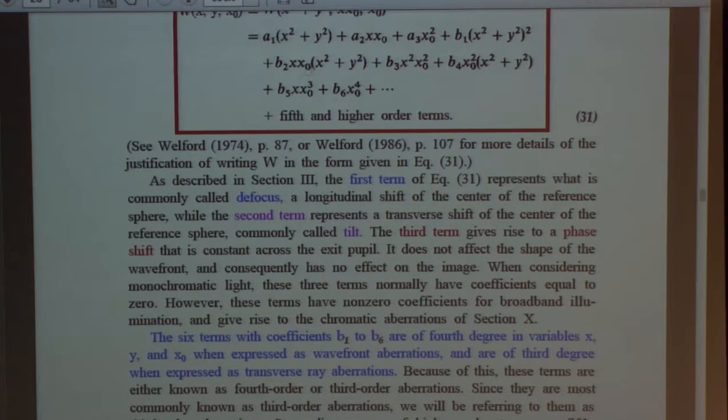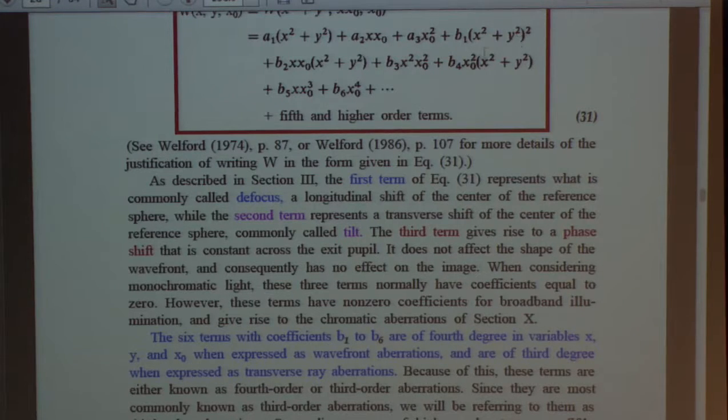Then a term b3 x squared x naught squared, another fourth order term, and a b4 x naught squared times x squared plus y squared, fourth order, and a b5 x naught cubed, fourth order. And then we have another piston term, b6 x naught to the fourth, so we'll probably forget about it.